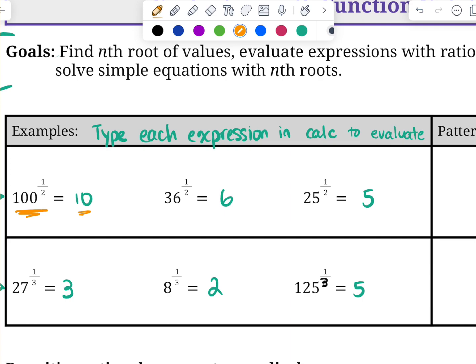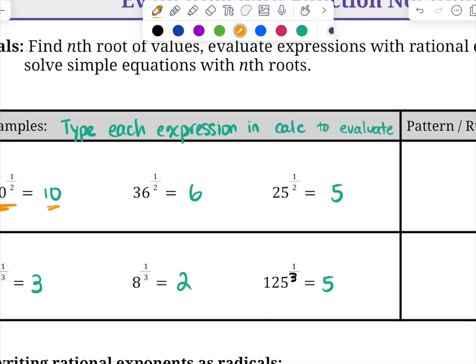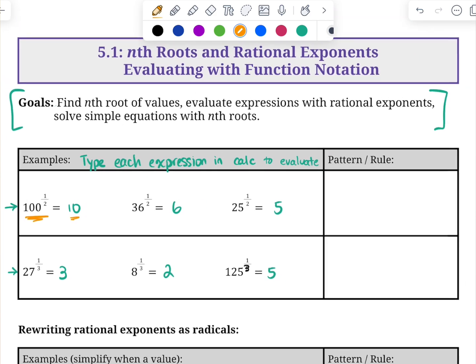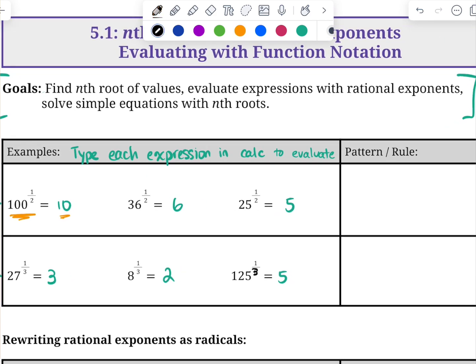Okay, if you notice, how is 100 related to 10, or 6 related to 36, or 5 related to 25? Every value that we took to the 1/2 was equivalent to the square root of that value. Okay? And if you look at the next row of values, every value that we took to the 1/3 is the same thing as the cube root of x.